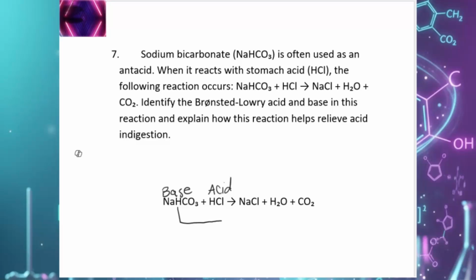So if I ask you to write it out, you would say NaHCO3 is the Brønsted-Lowry base. When you write it out like that, the HCO3 in this particular way would be classified as your conjugate acid.